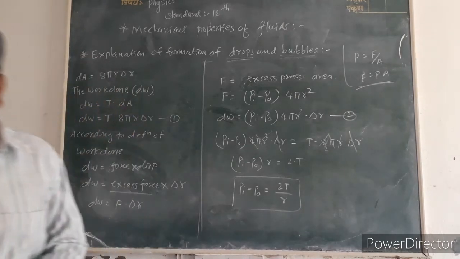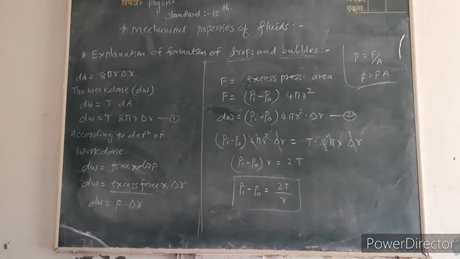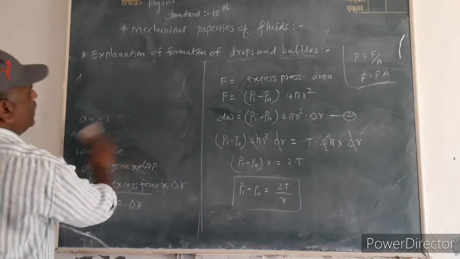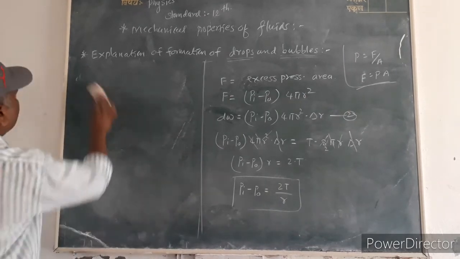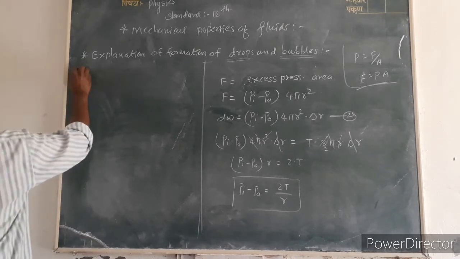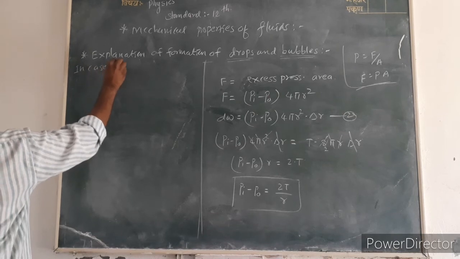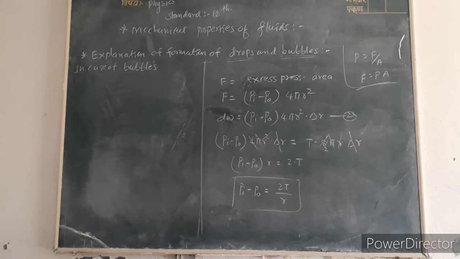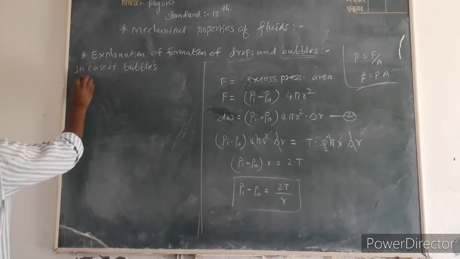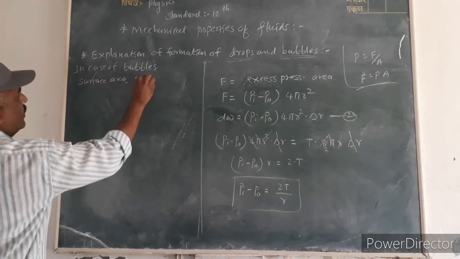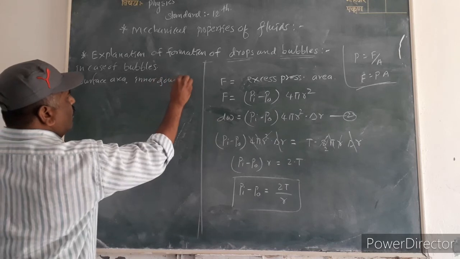Now, in case of bubble, this equation is not valid. Pi minus P0 is equal to 2T upon R in case of drop, but in case of bubble, the bubble has two surface areas, inner and outer.